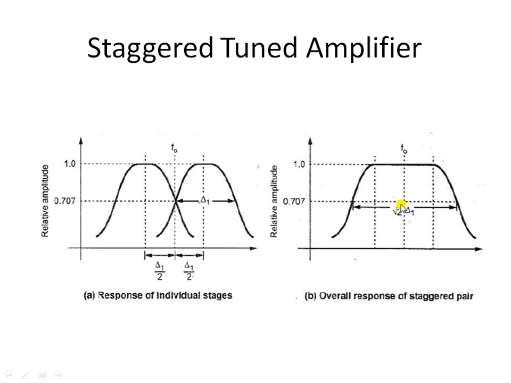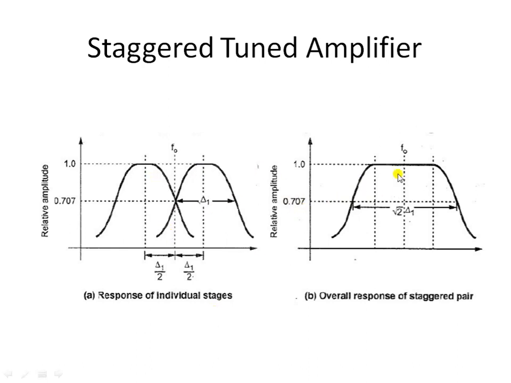The bandwidth of an individual stage is delta 1, and the bandwidth of the overall response is root 2 times delta 1, meaning the overall bandwidth is more than the individual bandwidth. Because of those mathematical relations, this is coming. I'm not going to discuss that part. If time allows, we will discuss it later, otherwise PDF material will be provided.